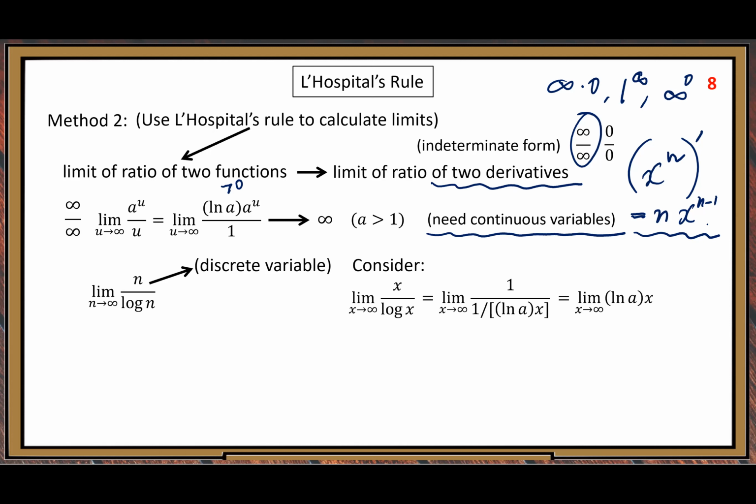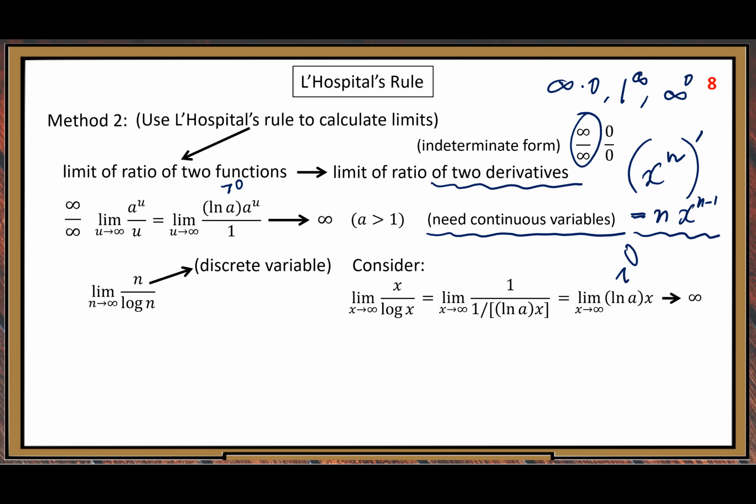This is a positive constant, because natural log of a with a greater than 1 is a positive number. So the limit is infinity. By applying L'Hopital's rule, we found this limit, the x version, is infinity.